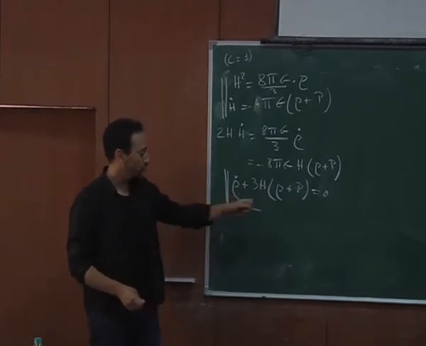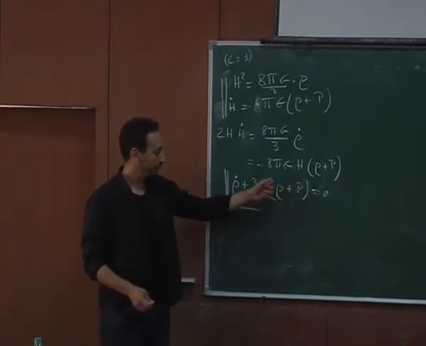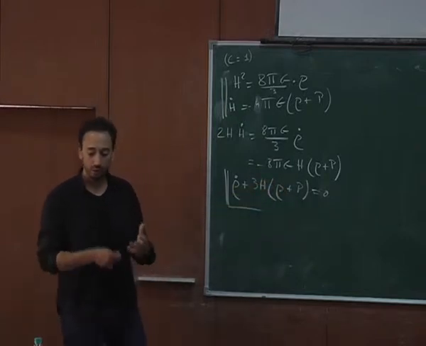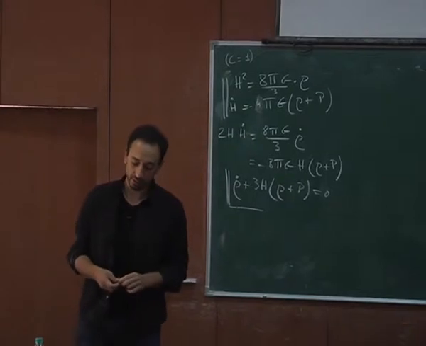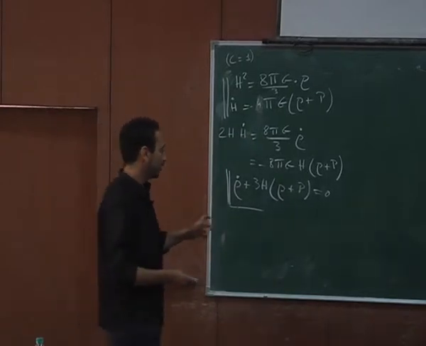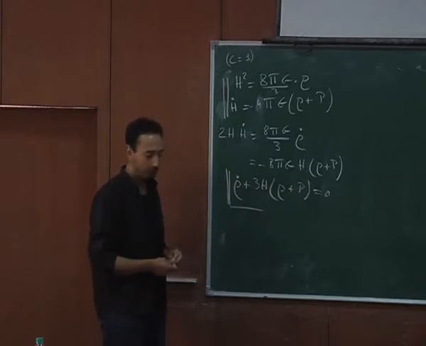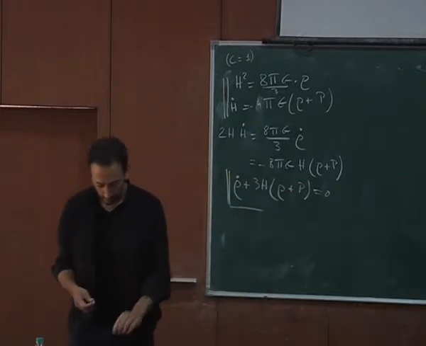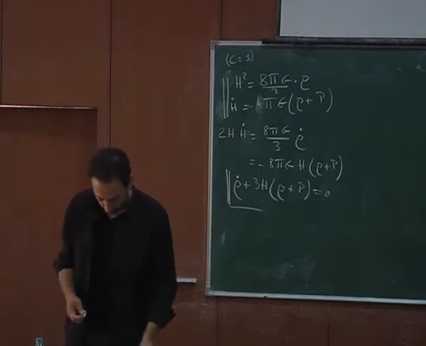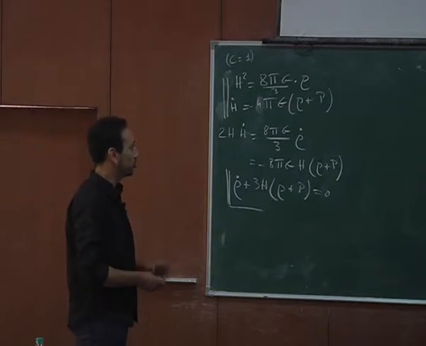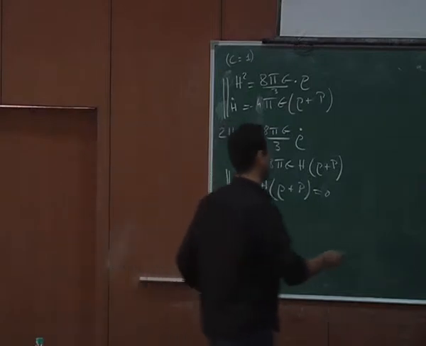But we need to know what the pressure is as a function of density to introduce some sort of equation of state. You have different types of fluids that you can consider, and depending on the fluid, you get the relation here. There are two types of fluids usually considered in cosmology.